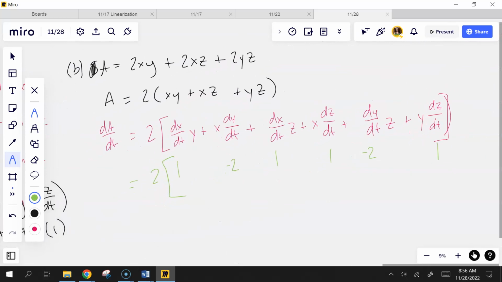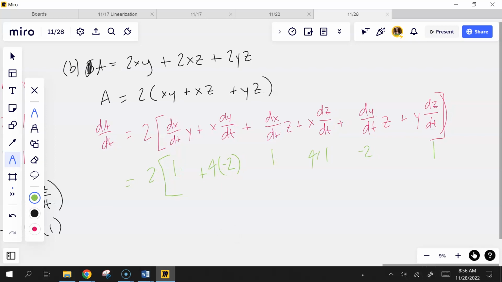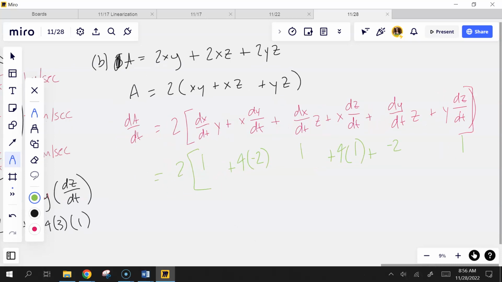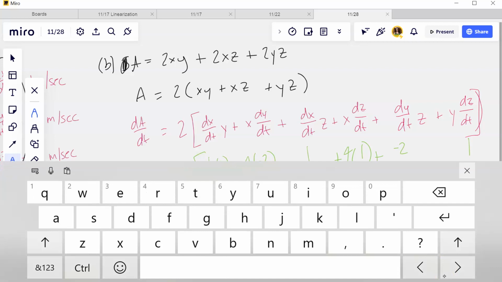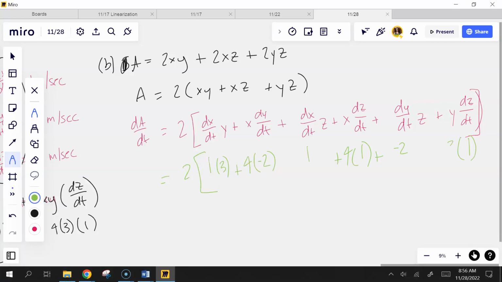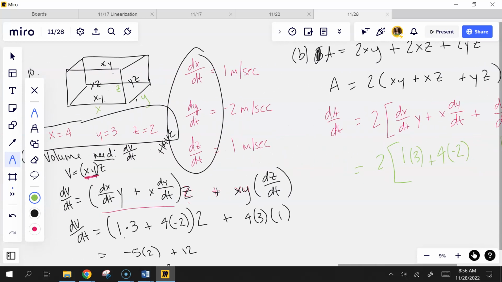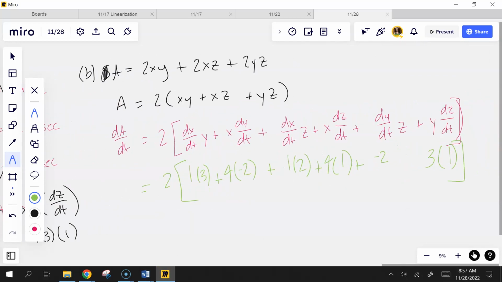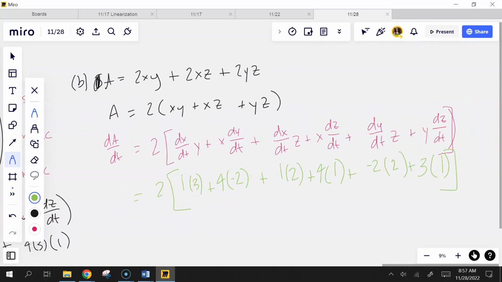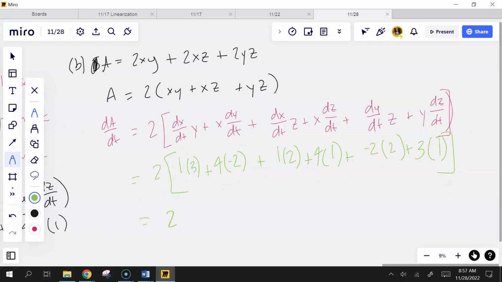X is 4. Y is 3. And z is 2. I get 2 times, let's see, 3 minus 8 plus 2 plus 4 minus 4 plus 3.